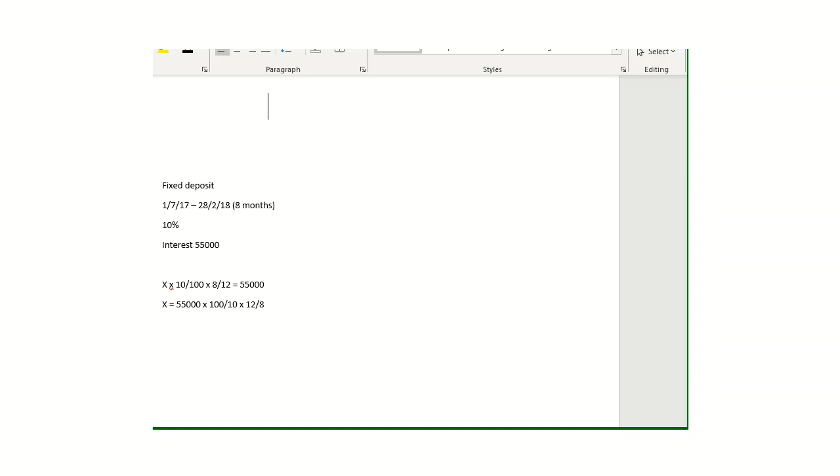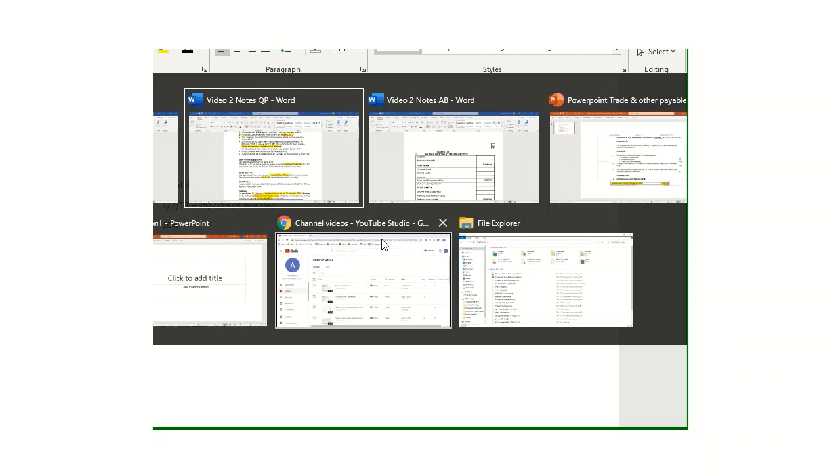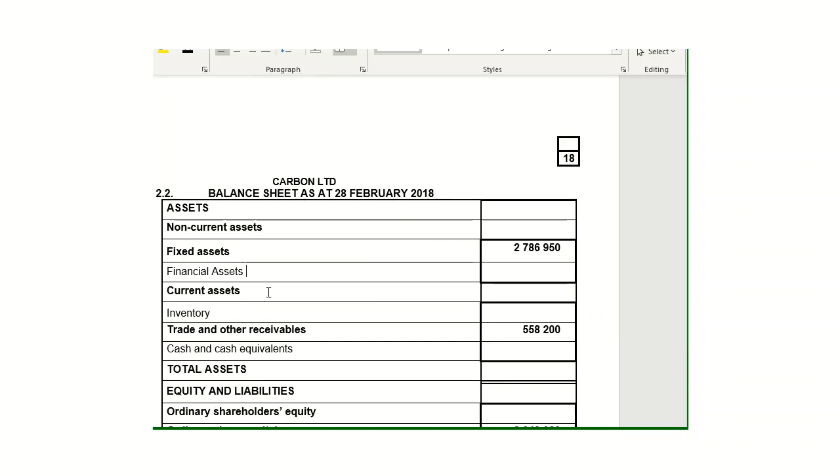So my investment was 825,000. I must now first of all show my calculation. I said 55,000 multiplied by 100 over 10, and that multiplied by 12 over 8. So show as much of your calculation as possible because you'll get marks for whatever you've got in there. And that gave me 825,000.